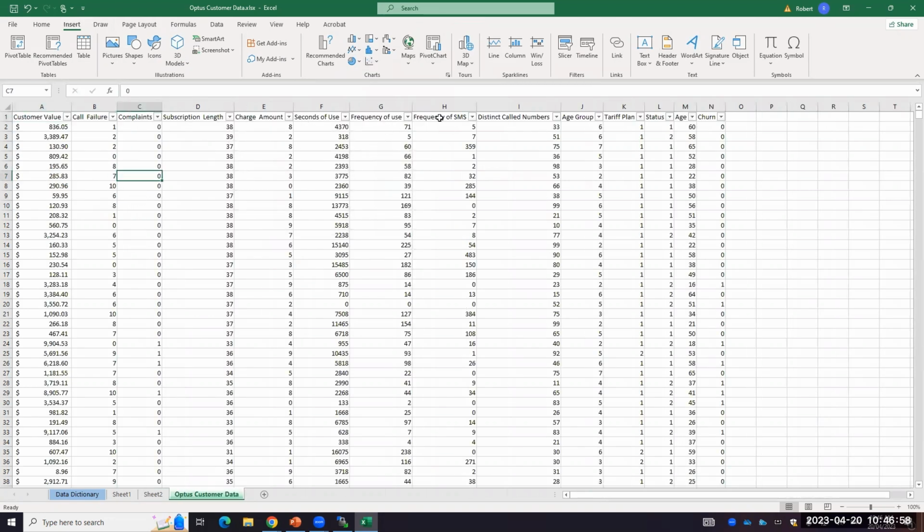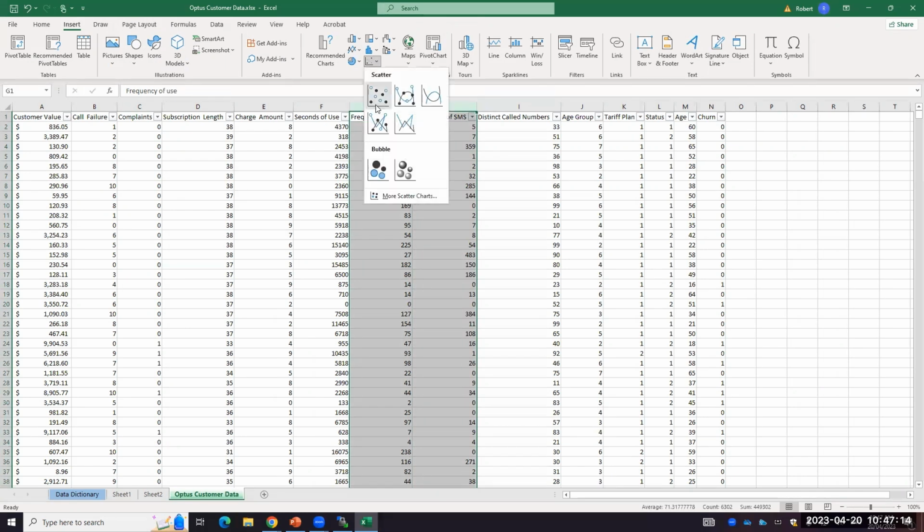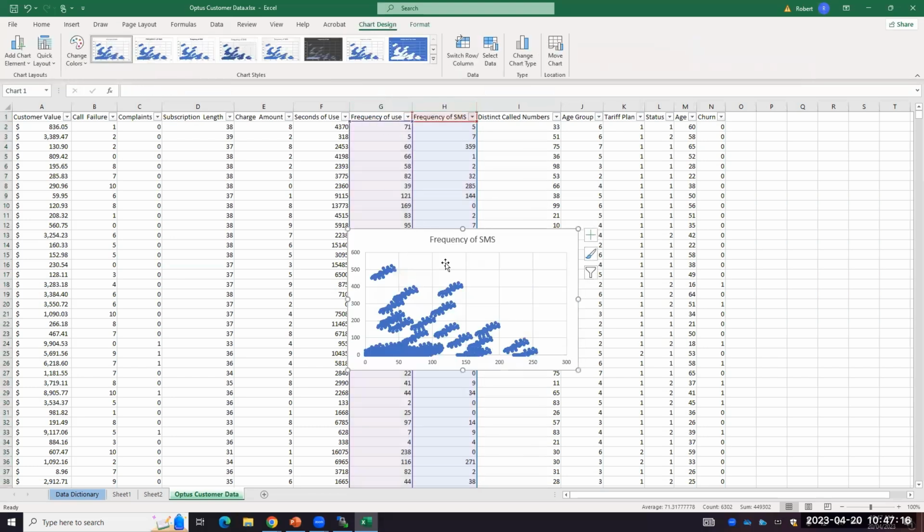So imagine we want to analyze, let's say, frequency of SMS against, say, frequency of use, these two. So we might just want to select these two and just say, let's just do a scatter plot.